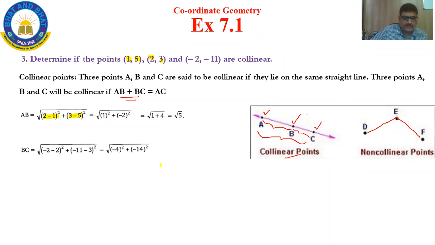So similarly, find out BC. What will be BC? So this is B, this is C, means minus 2 the whole square plus minus 11 minus 3 the whole square. Yes, you have to simplify that, Siddhant. You cannot keep it at that value only. It is an even number. You should be able to split that. Yes, Likita has given it, Siddhant. Siddhant, you should simplify that.